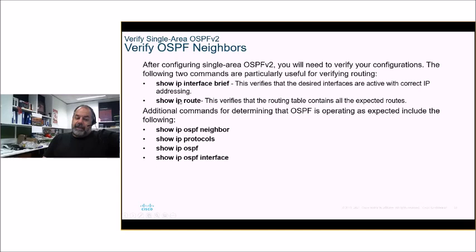This, of course, will show the routing table, which is certainly useful for OSPF. Show IP protocols will show you what routing protocols are running for IP. And of course, if OSPF is running, it'll tell you OSPF information. Then there are some specific OSPF commands. So show IP OSPF neighbor, show IP OSPF general, and then show IP OSPF interface. And the coming slides will show you what you get out of them.